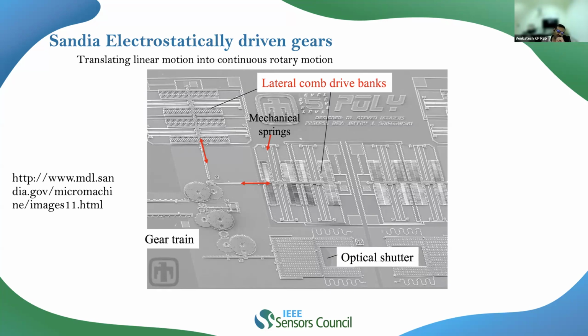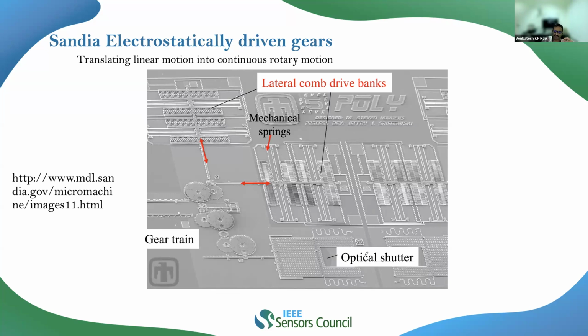When there is a motion of the gear trains, this will further actuate another set of comb fingers, right? At the same time, with the help of a rack and pinion arrangement over here, the gears can make the optical shutter either open or close. Depending upon the applied voltage, we can either open or close the optical shutter. So one can convert the translatory motion into a rotational motion.